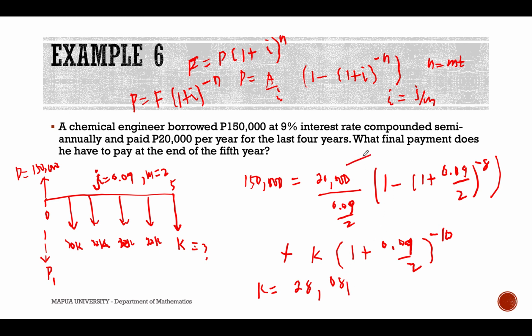So this first term will give you 131,918. This coefficient would be 0.643928. Okay. So this will be the final payment on the 5th year.